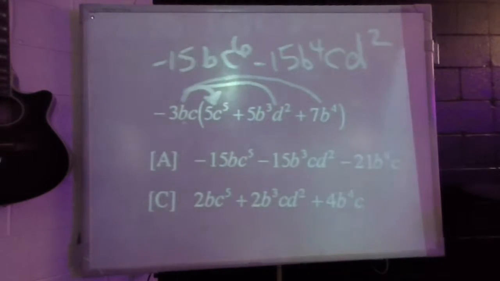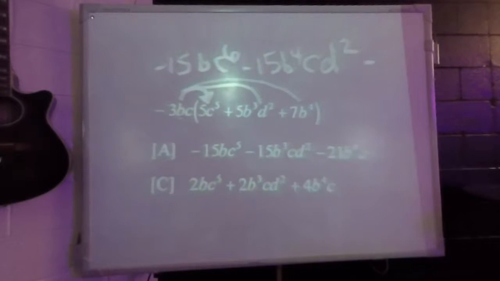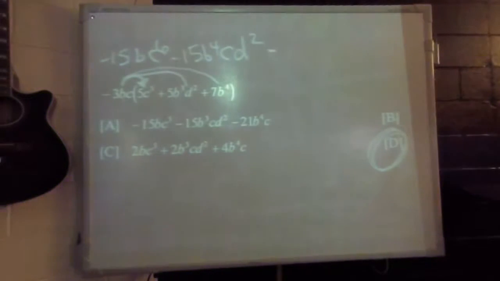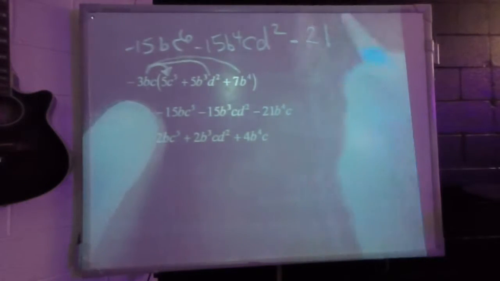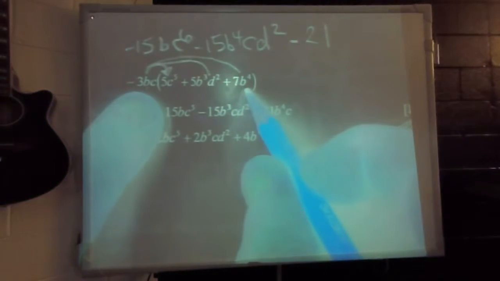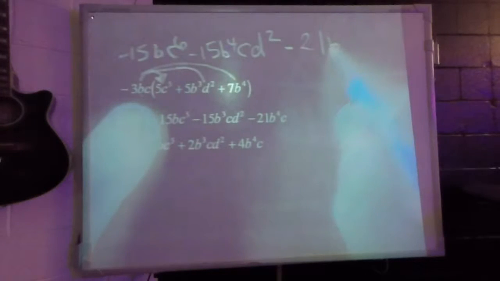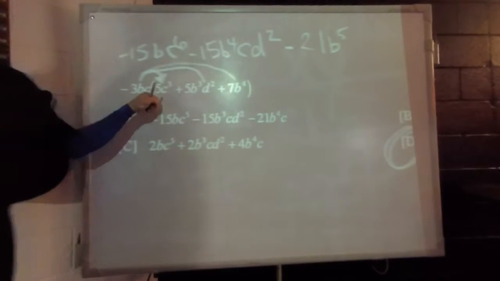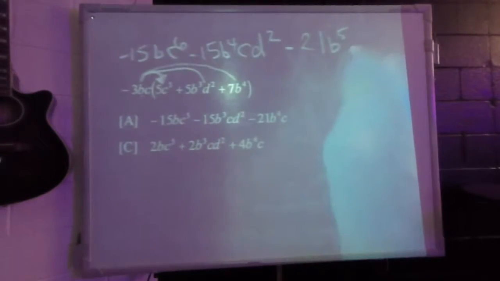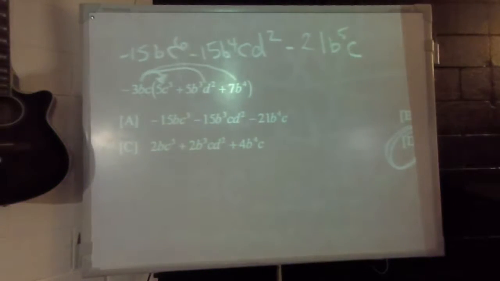And the last one you got, what's the number? 7B6. Negative 3 and positive 7. -21. So I got negative 21. I got 1B and 4 B's. 5 B's, and then you have just that one C that tags along. There we go.